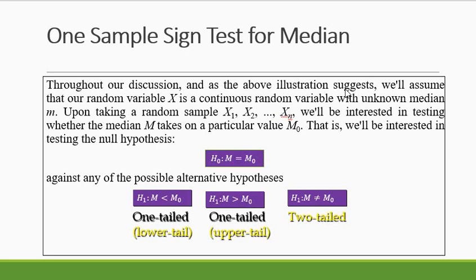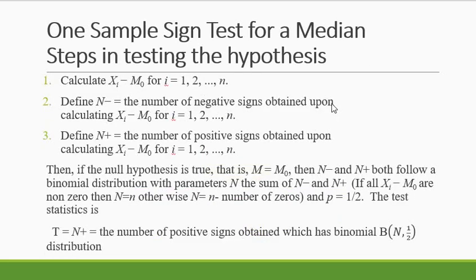To test the hypothesis, we take a random sample x1, x2, etc., xn from the population. The first step of the test is to calculate xi minus m0 for each observation from x1 to xn.